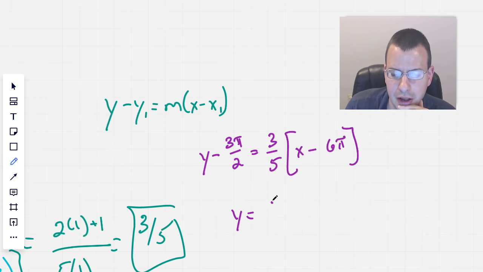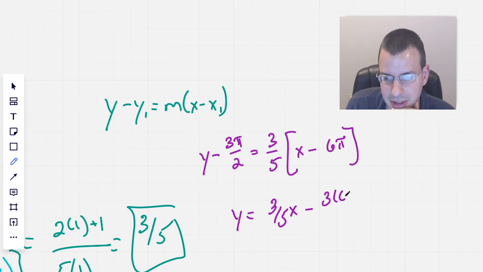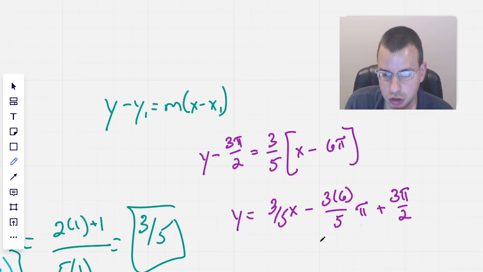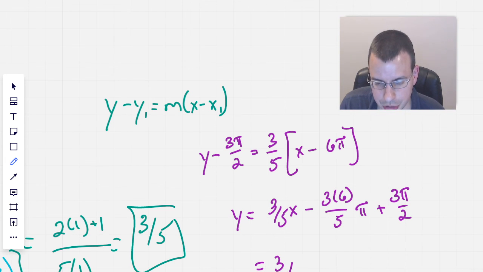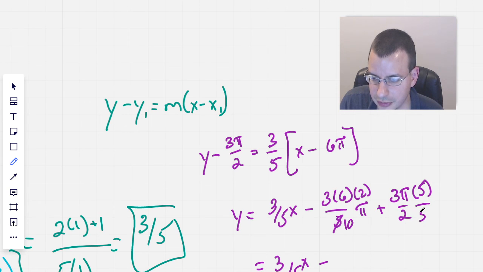So we have y minus 3π/2 equals 3/5 times x minus 6π. So y equals 3/5 x minus 3 times 6 over 5 π plus 3π/2. Common denominator: multiply this by 2 to get 10, and multiply the other by 5 over 5 to get 10.